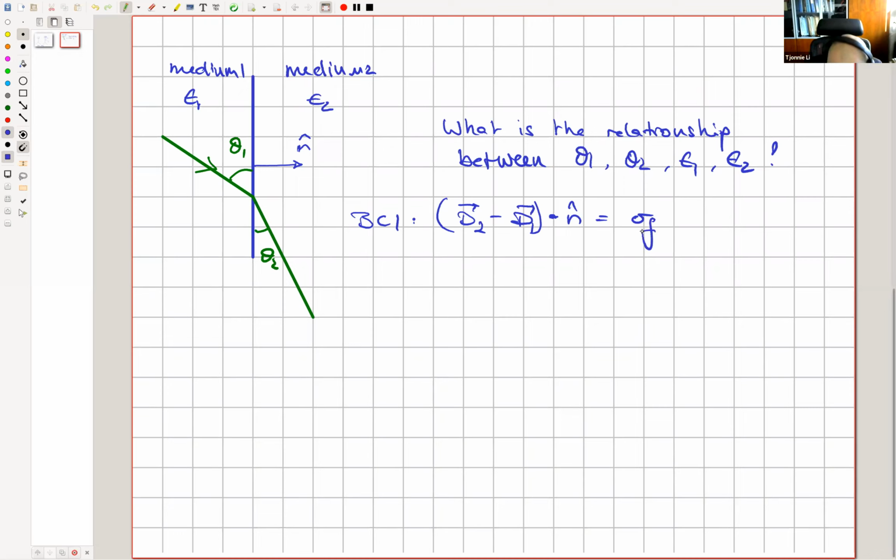Okay. Now we also have a second boundary condition, and that's the component parallel to the surface. What about the component parallel to the surface?